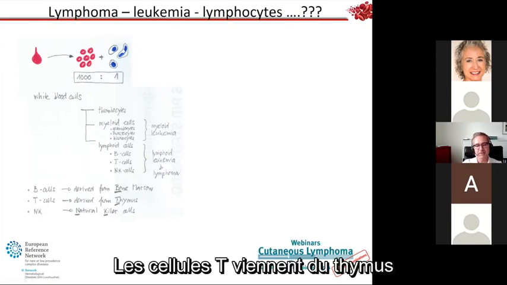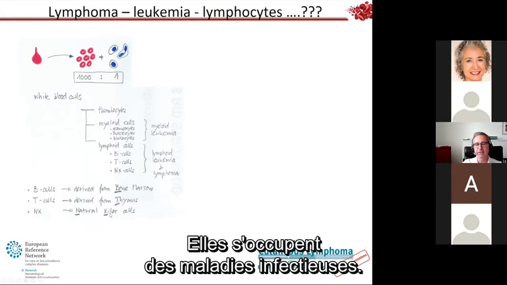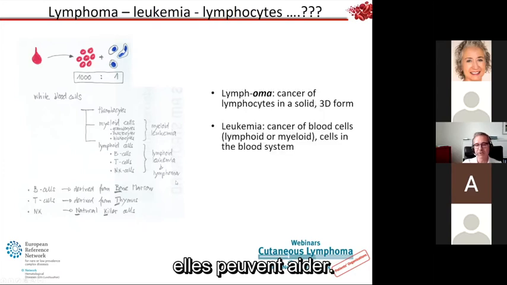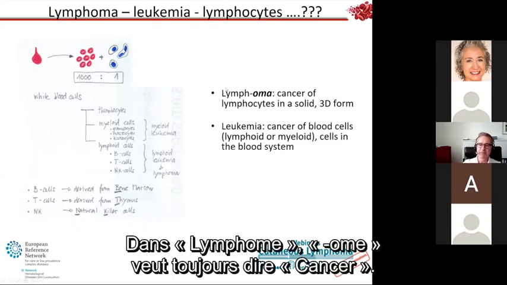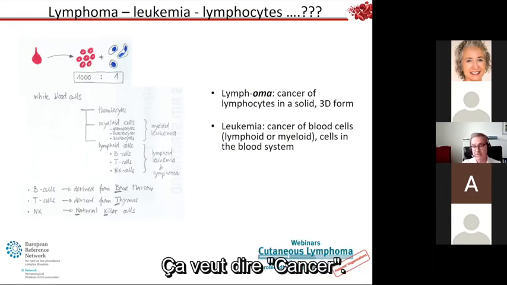So T cells derive from thymus, and NK cells stands for natural killer cells. They take care of infectious diseases; if the B cells or T cells cannot get rid of the attacker, then they may be helpful.